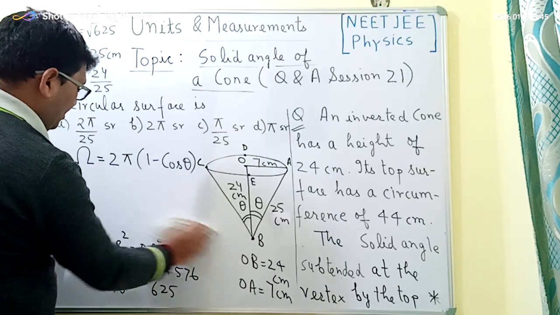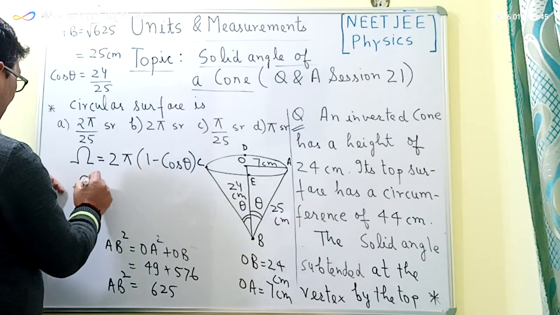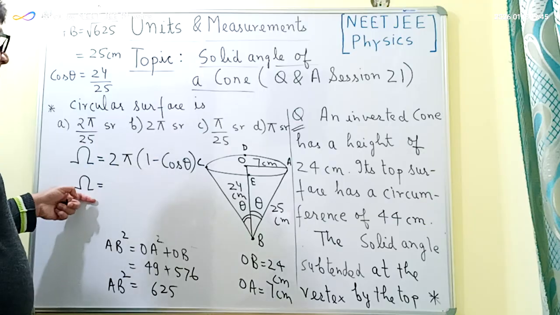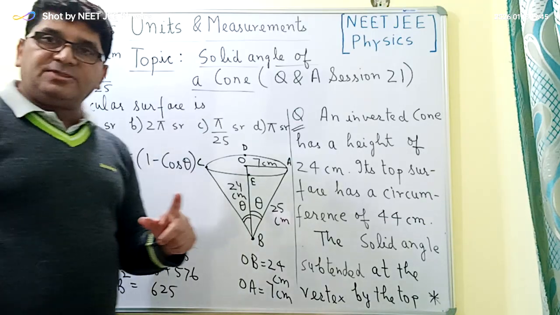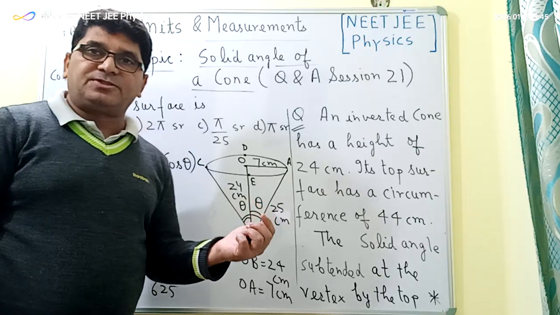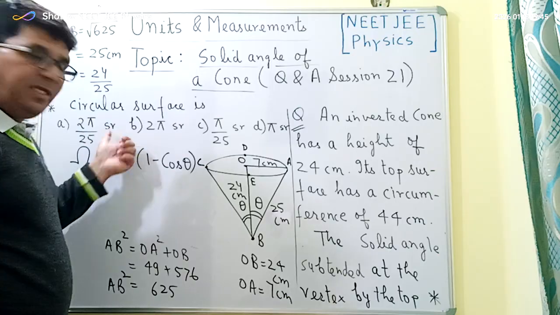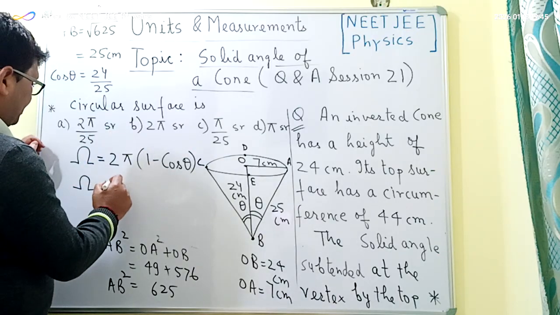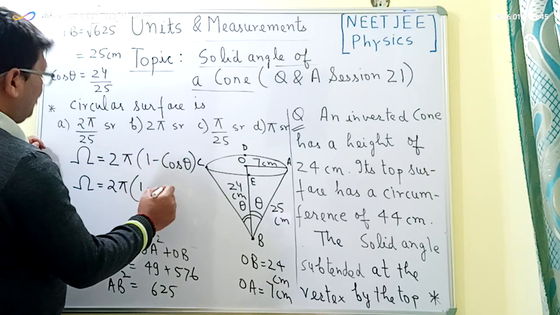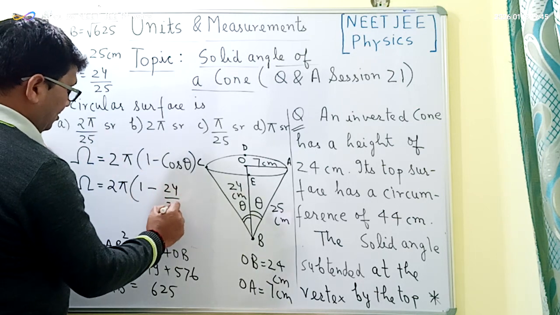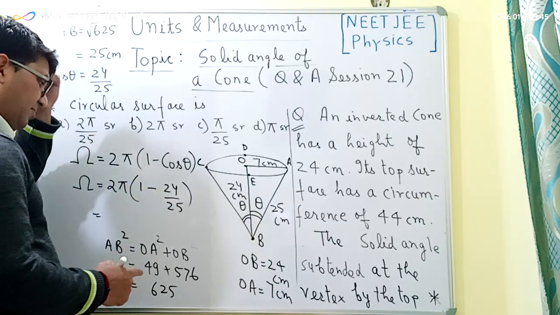From this formula, omega is the symbol of the solid angle, and solid angle is dimensionless and is expressed in steradians, denoted by SR. So solid angle will be equal to 2 pi (1 minus 24 by 25), which is 25 minus 24, that is 1 upon 25.